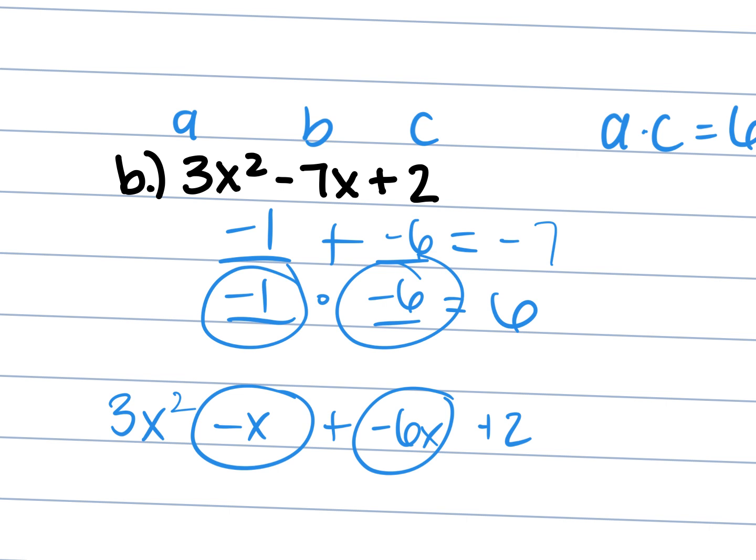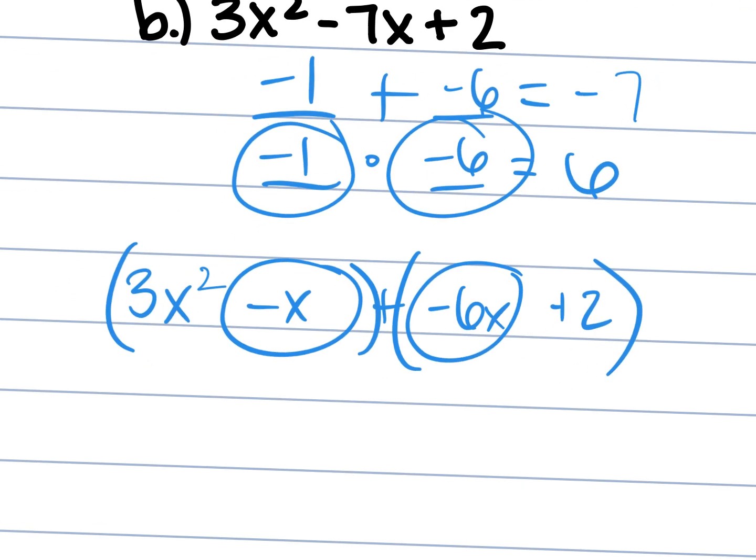Now we have to do the grouping. What happened when we grouped? What were we putting on this 4-term polynomial? Parentheses. Put parentheses around the first two, put parentheses around the second two. And look for GCF. What's the GCF between 3x squared and -x? 1 and x.